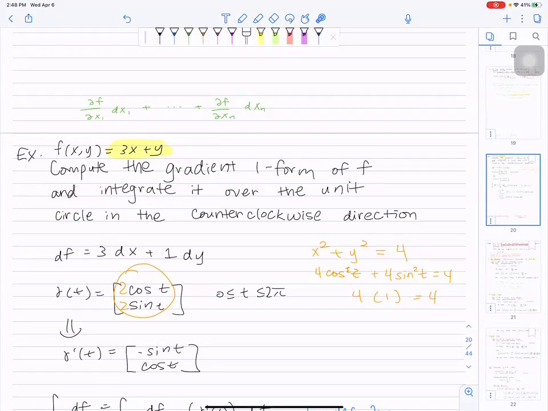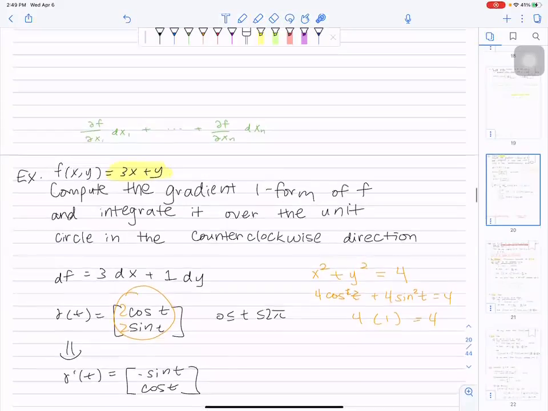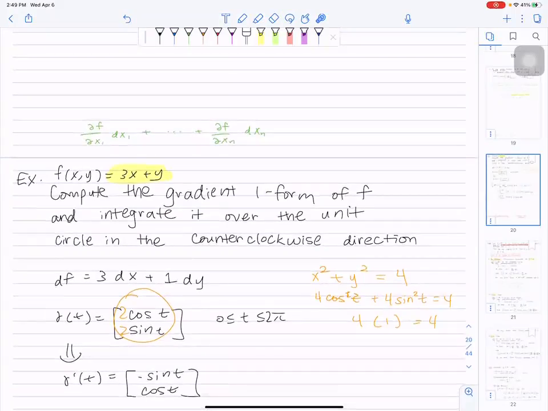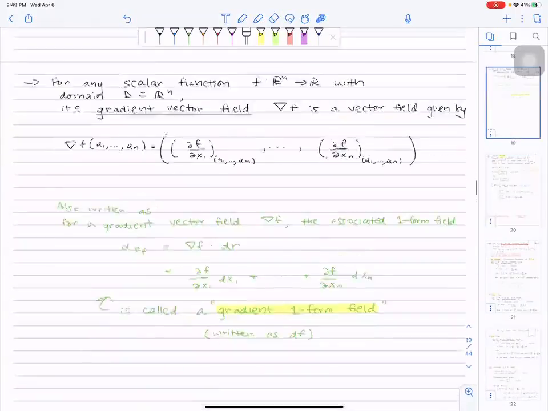So the dx or dy are similar to i and j. Yes, because we're in vector field notation now. Can you scroll down?